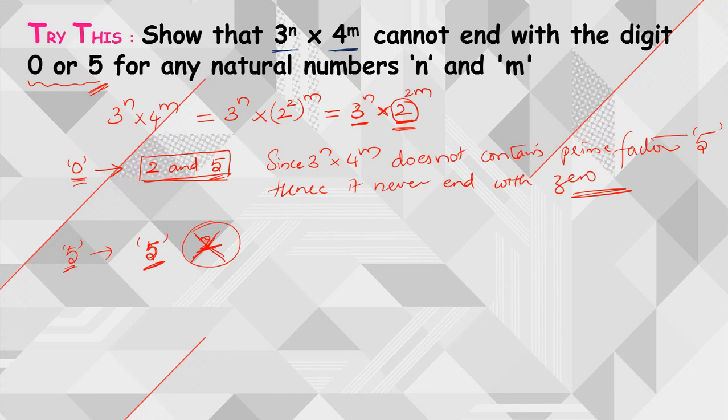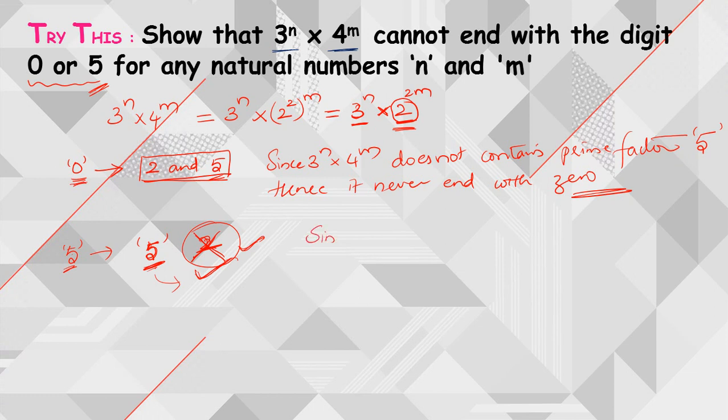So clearly it is not ending with 0, and since we have a prime factor 2, whenever you have a prime factor 2, it will always be an even number. If a number ends with 5, then it becomes an odd number. So 3 power n into 4 power m cannot end with 5.